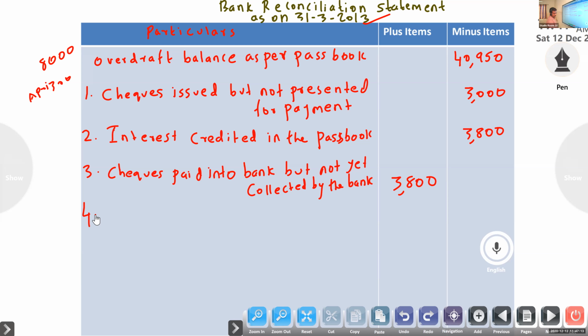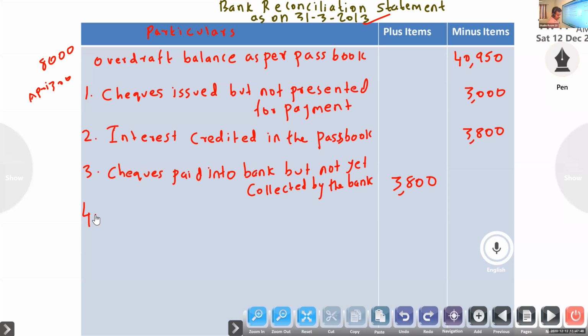Confusion only. One thing you have to remember, here you have to look at the date. Date 31st March. Dishonor they wrote only on April 1st. So on 31st March, the check is credited in the passbook.